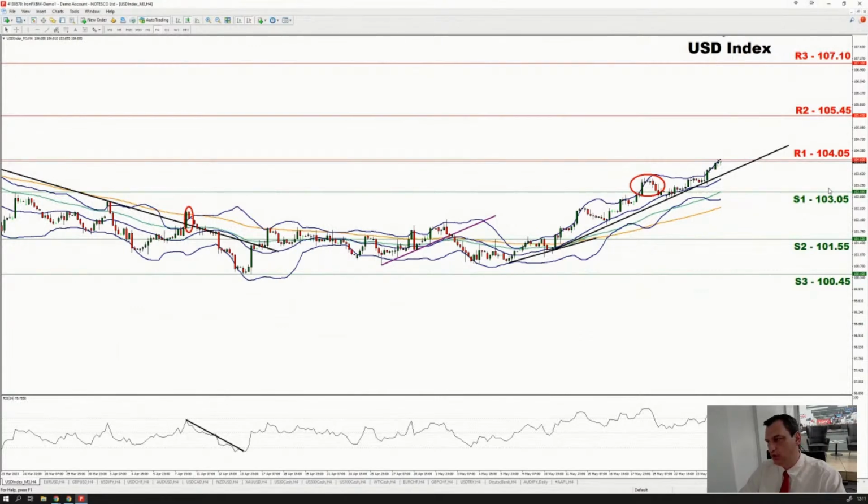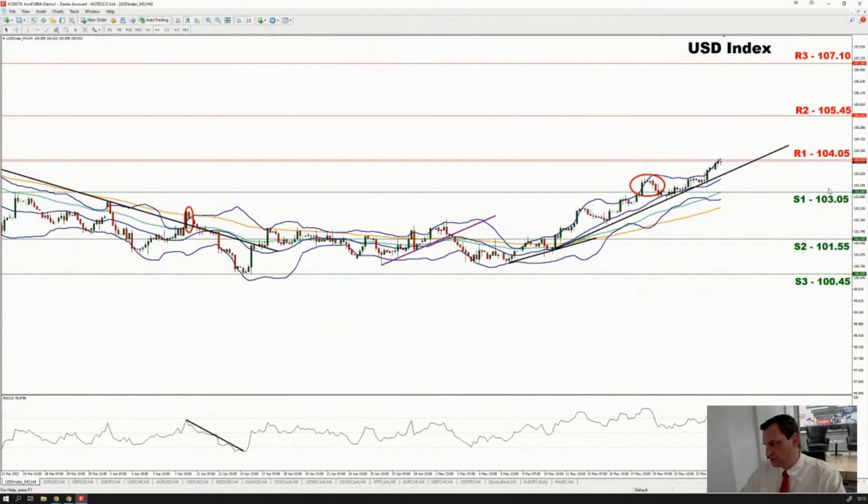In that case, for a bearish outlook, we would require the US dollar index to actually break the upward trend line guiding the index, a sign that practically the upward movement has been interrupted. But we would also like to see a clear break of the S1 at 103.05 before actually adopting a bearish outlook, as such a break of the S1 could be signaling the initiation of a bearish movement for the index.